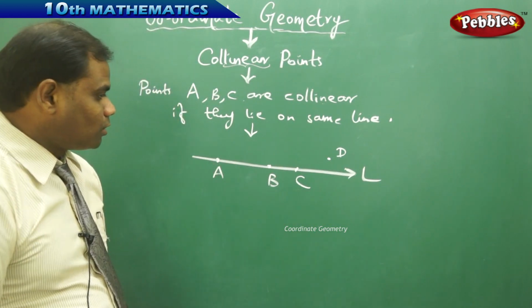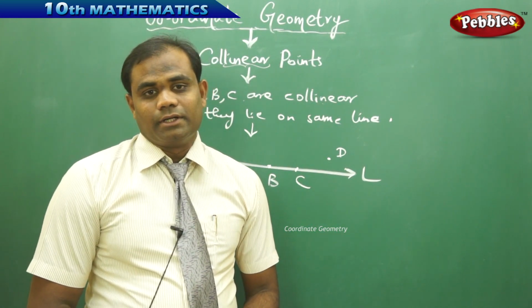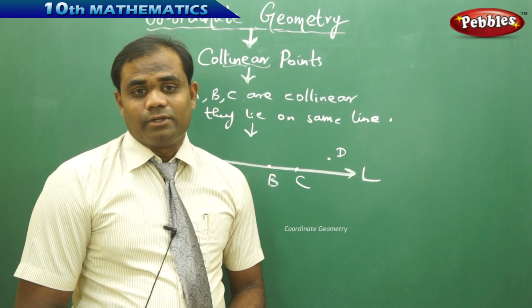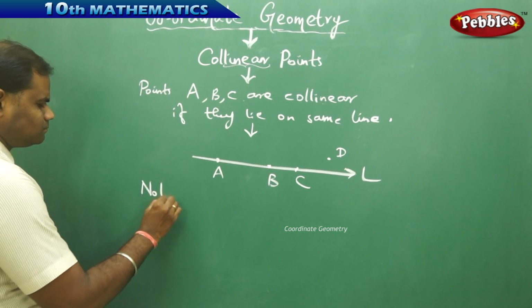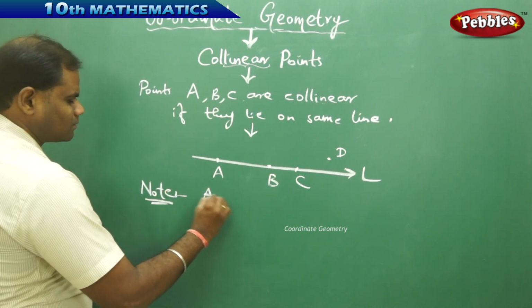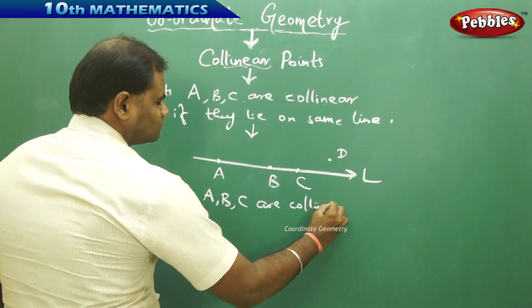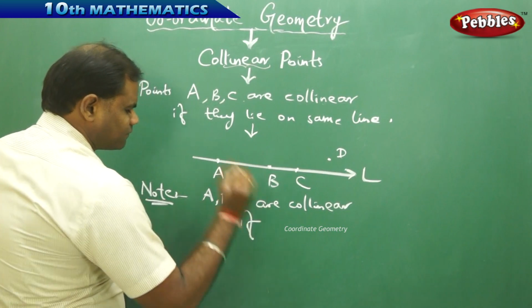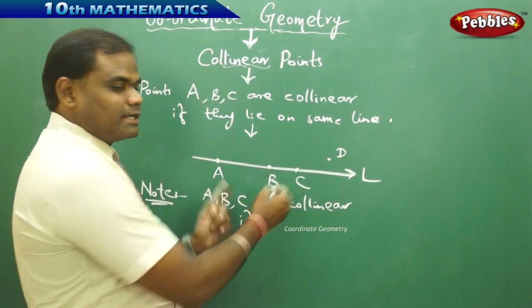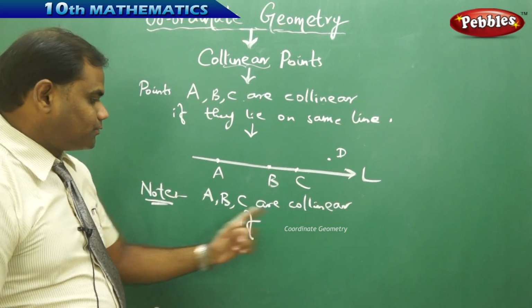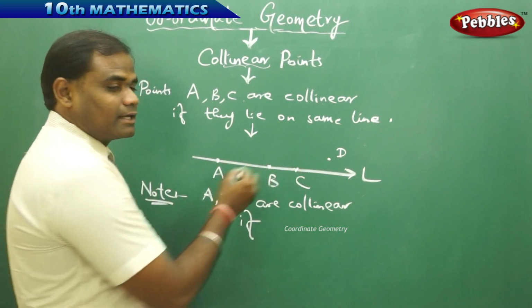So how do we solve problems where we have to justify whether the given points are collinear or not? So let's connect collinearity with distance, which says that mathematically A, B, C are collinear if I see the straight line AB plus BC is AC, then I say the 3 points are collinear, because if I add AB and BC indirectly, I get AC.